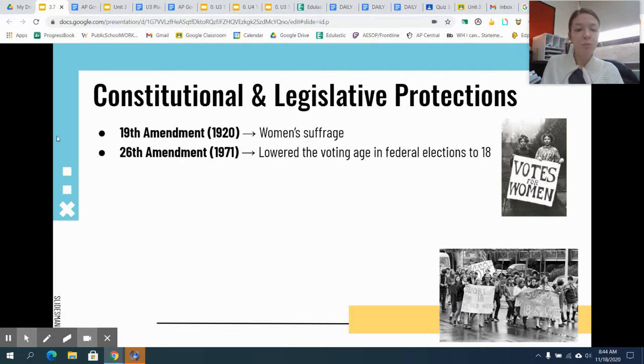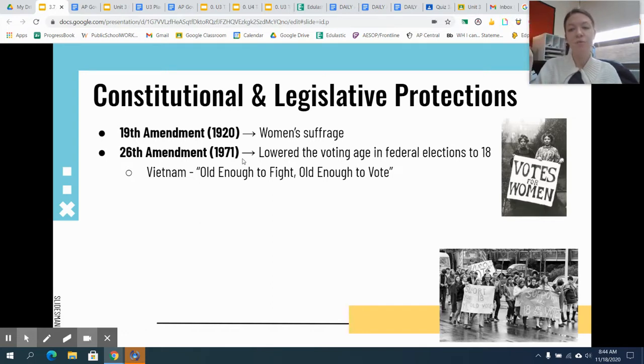So at this point, by 1971, young adults are going to be that last group to gain the right to vote. Now, the reason why in 1971 we see the voting age lowered is predominantly with the wars that had gone on prior to this time period, World War II, Vietnam.